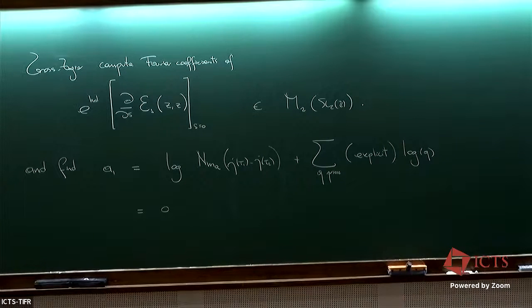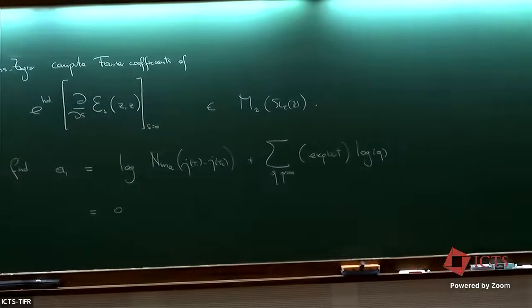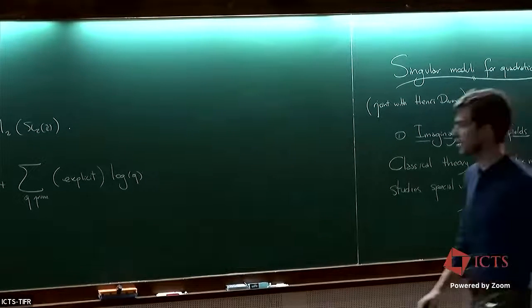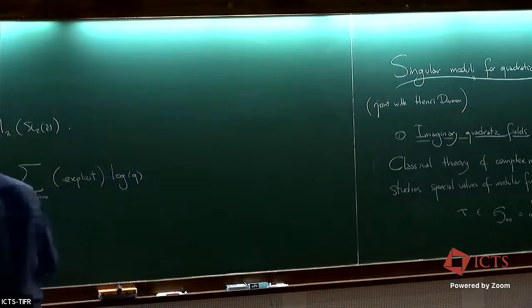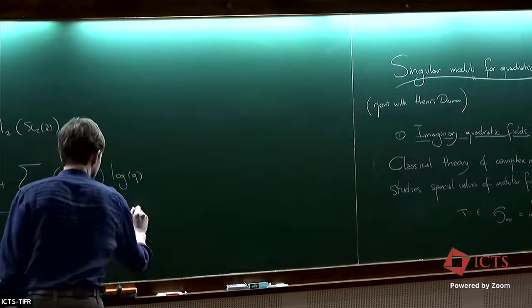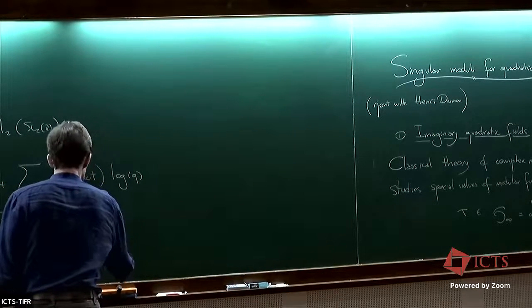Now, of course, we've seen already last week that there's more to this picture. And if you stare at this expression, the calculation that they did is really a calculation of a height pairing between the two Heegner points defined by tau 1 and tau 2 on X of 1. Sorry, I didn't do this right, but something like this.